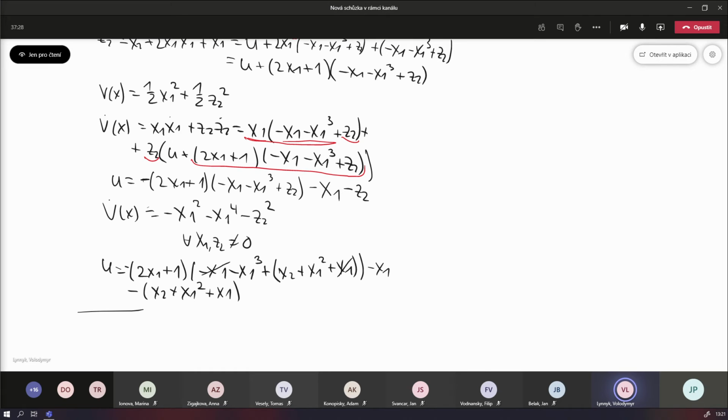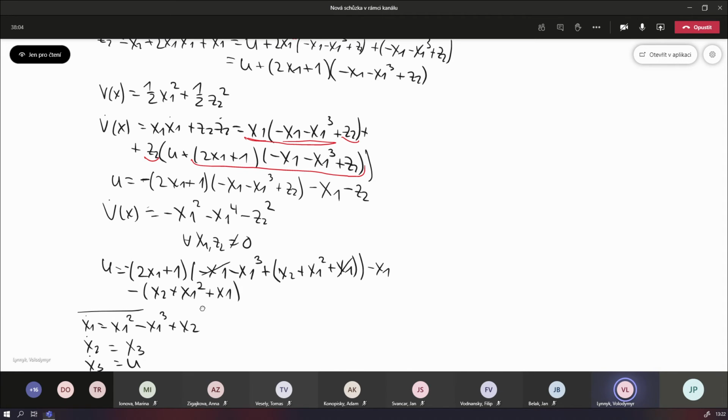Example 3: x1 dot equal to x1 squared. It's the same as our last example. The first row is the same, minus x1 cubed plus x2, and x2 dot equal to x3, and x3 dot equal to u.